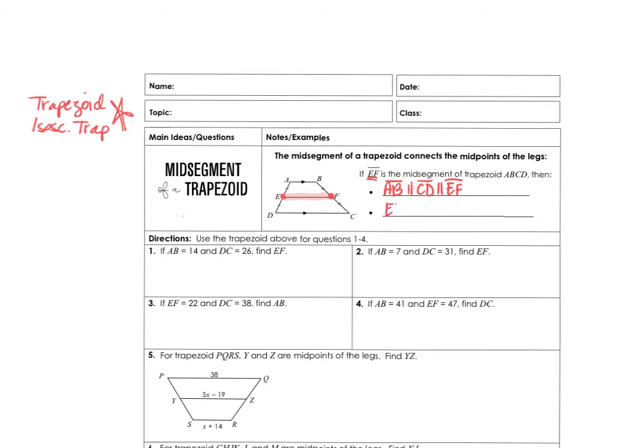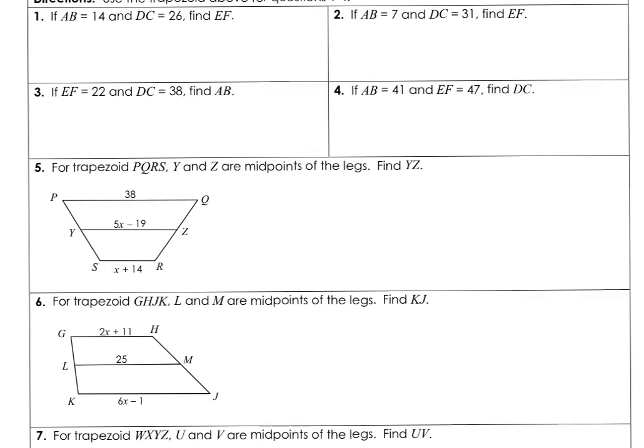The value of the midsegment, EF, is equal to the average of the two parallel sides. So AB plus CD divided by 2. So the measure of the midsegment is the value of the two parallel sides, AB plus CD divided by 2, also known as the average of the two sides.